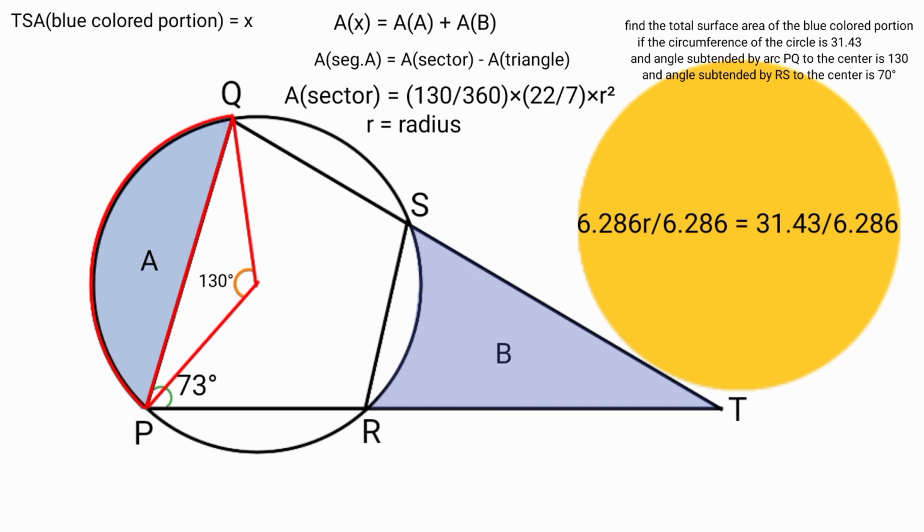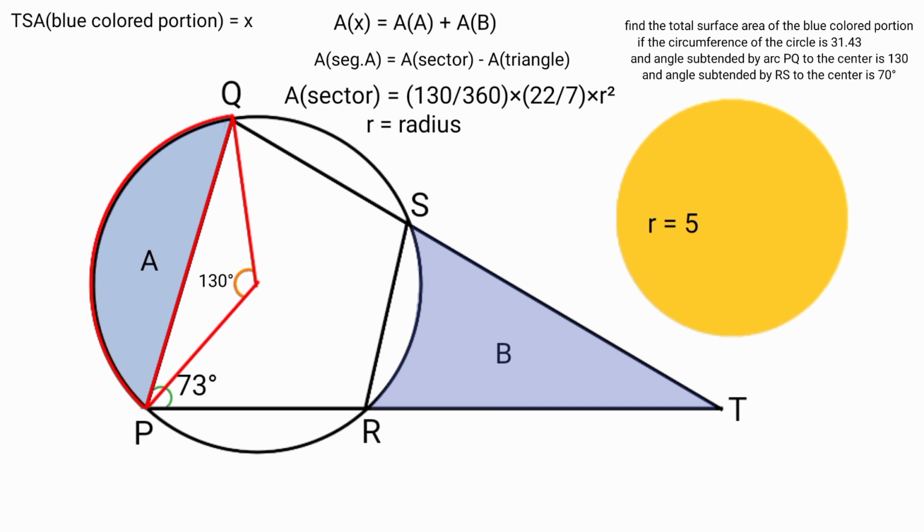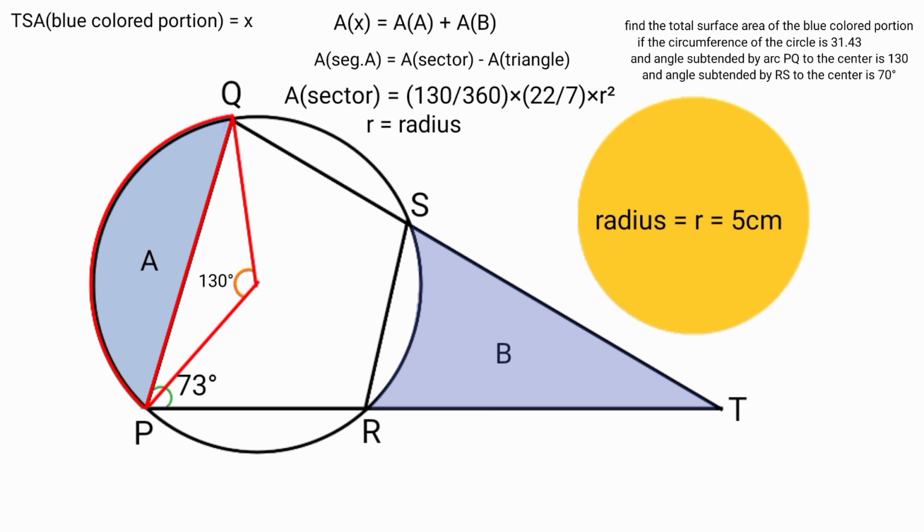So 6.286 r over 6.286 equals 31.43 over 6.286. Here, 6.286 cancels 6.286. And if you press your calculator, 31.43 over 6.286 is 5. So therefore, radius equals 5 centimeters.